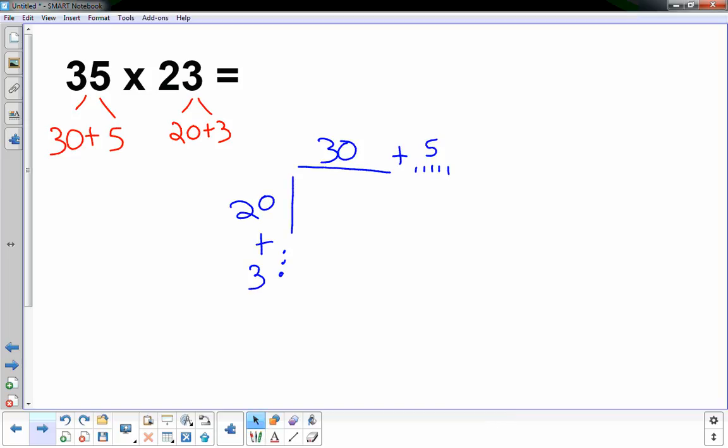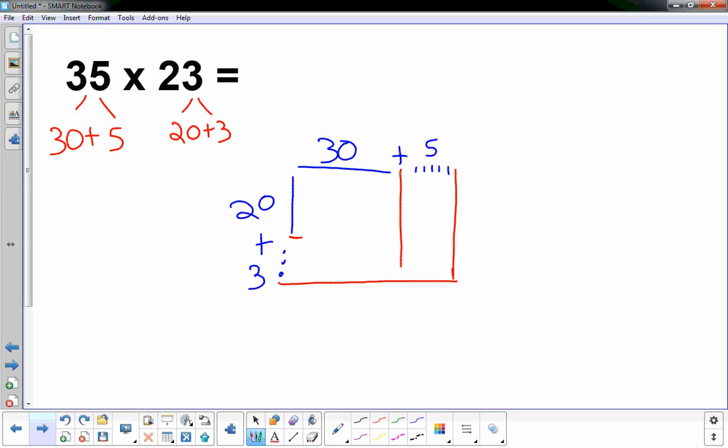I have my dimensions of a rectangle. My rectangle is here. My partial products are between the addition signs. So there's always 4 sections or 4 regions with two-digit numbers. And then I solve these 4 sections, these multiplication problems.